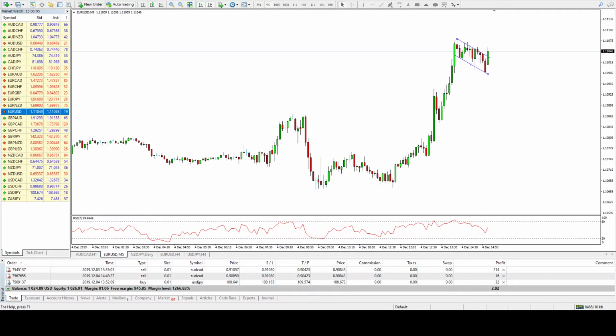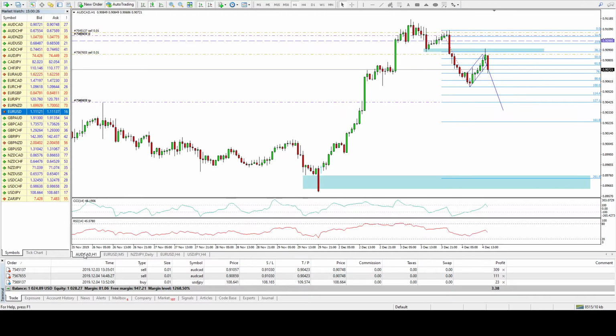The news is going to affect the Canadian dollar as well. It looked like, okay, same for Canadian. Okay, it looks like my Canadian pair right here is working out.